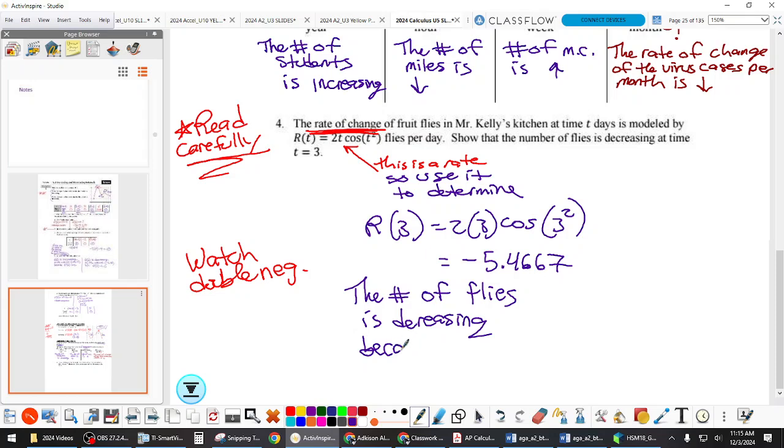We could just say because the rate of fruit flies is less than 0. Or technically this one would be better to just say because R of 3 is less than 0, that's how you should say that one. Because R is the rate. Yeah.